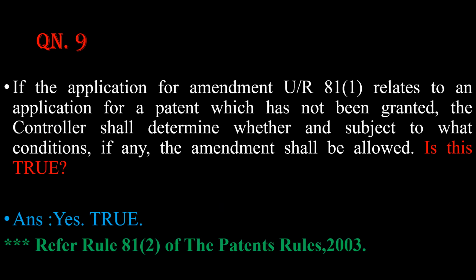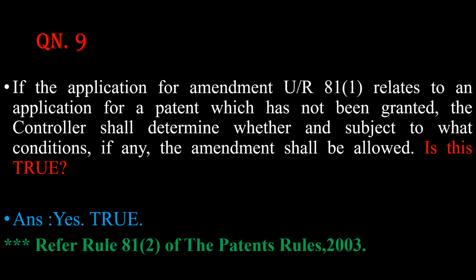Question number 9. If the application for amendment under Rule 81 sub Rule 1 relates to an application for a patent which has not been granted, the controller shall determine whether and subject to what conditions, if any, the amendment shall be allowed. Is this true? Let me read it again, friends.